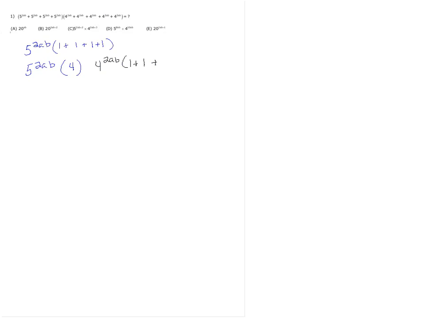When you pull the 2ab out of itself, we leave a 1 behind. A lot of students make the mistake and do a 0, but it's not. When you pull it out of itself, you leave a 1 behind. So then this breaks down to 5 to the 2ab times 4 times 4 to the 2ab times 5.